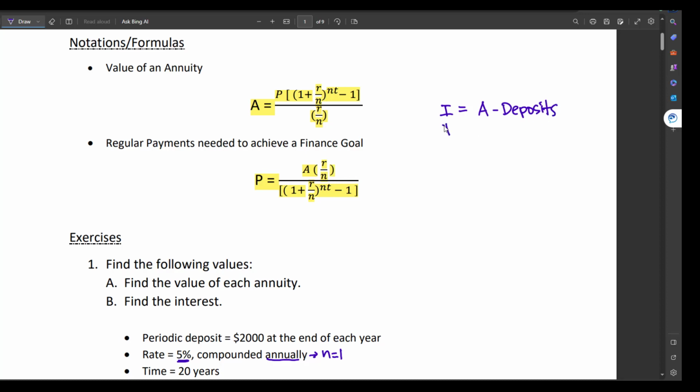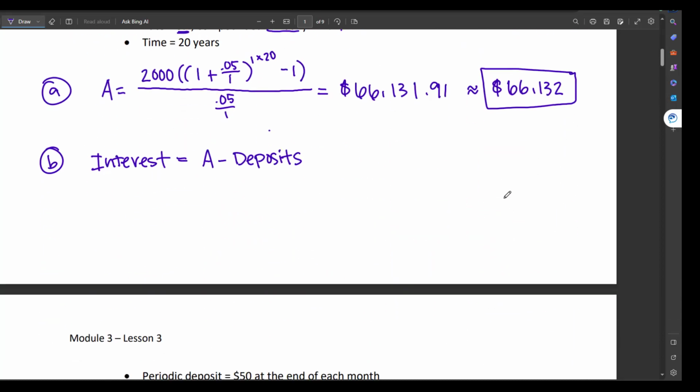This is on your cheat sheet. I equals A minus your deposits. Your deposits equal your periodic payment, however often it's compounded, and for however long. So P times N times T tells us how much we have deposited into our account. So P times N times T.